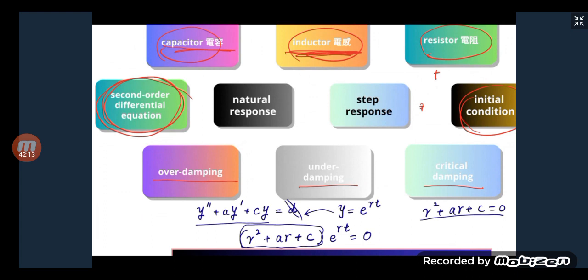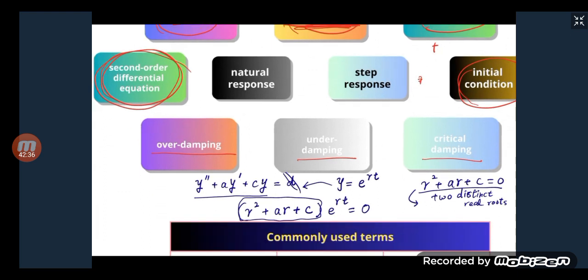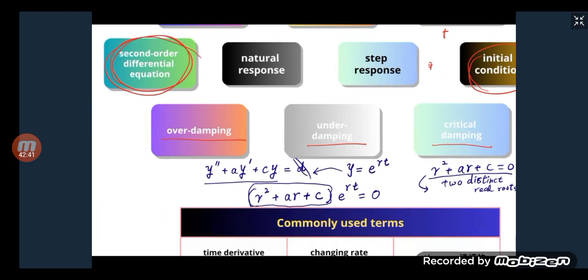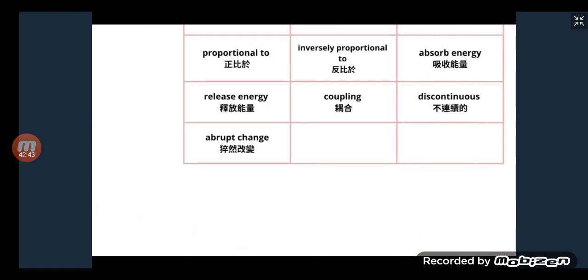And here you can see that, as you learned at junior high school, the solution or the root of this equation will have 3 different types. Sorry, let me use a larger area.